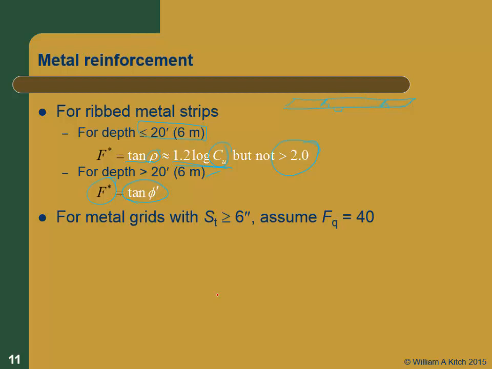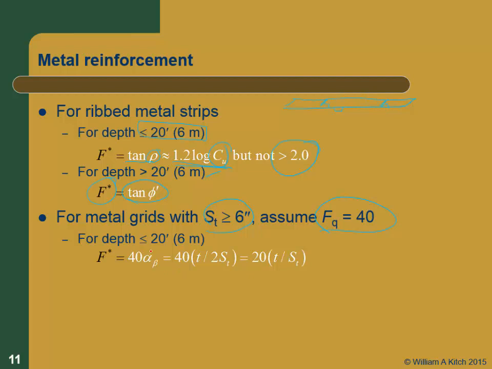So for metal grids, I'm sorry, let me start over. For metal grids that have spacings of the transverse elements that are greater than 6 inches, which is greater than the optimum spacing we talked about, it's pretty acceptable to just assume that the horizontal bearing capacity factor is equal to 40.